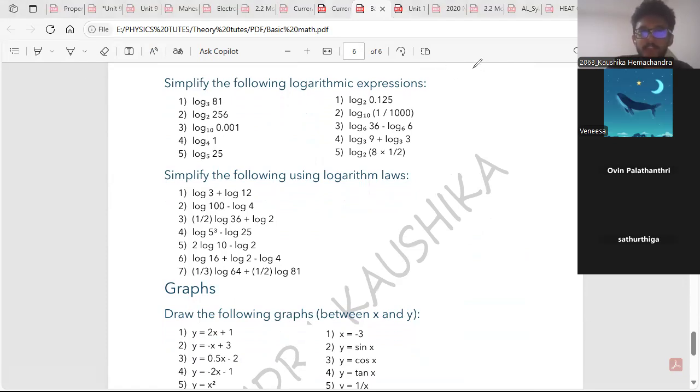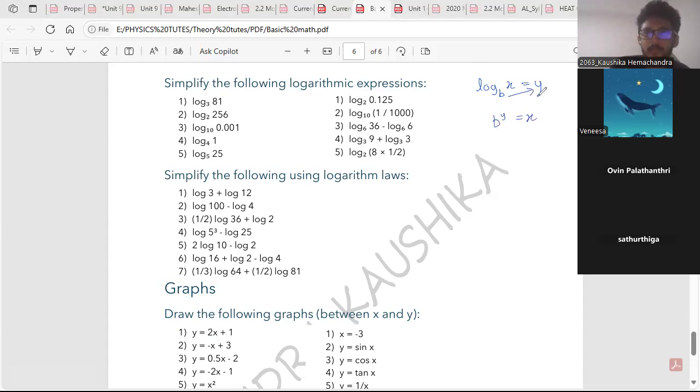So the common equation is log b x is equal to y. Right? So what this means is that y is the power of b. B to the power y is equal to x.